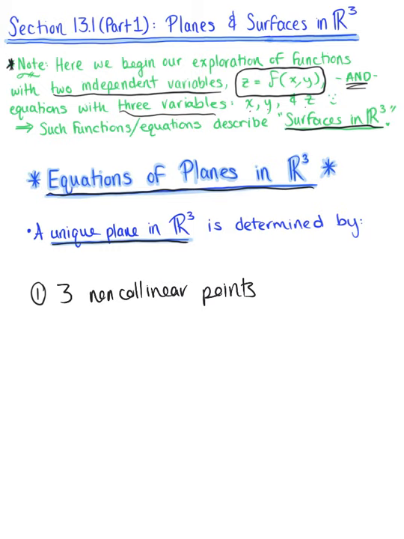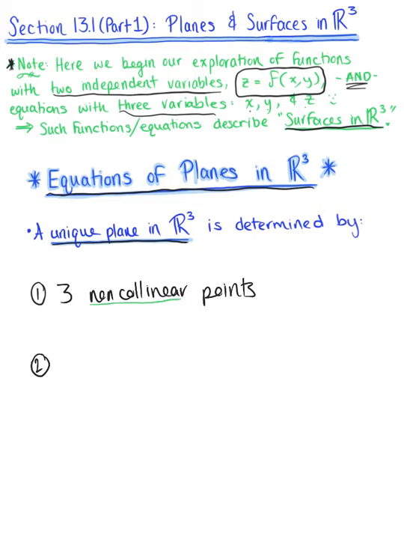Keep in mind, when we say non-collinear, we mean that these 3 ordered triplets are not on the same line.